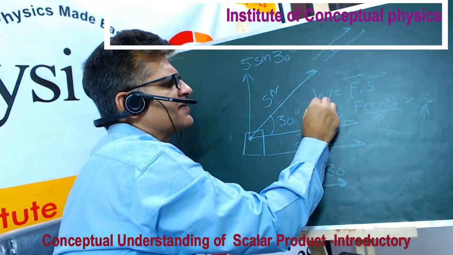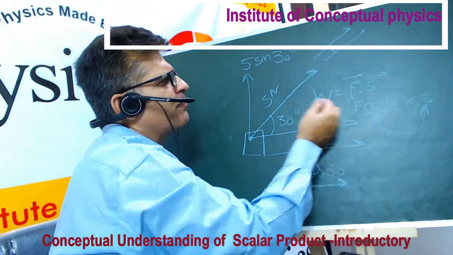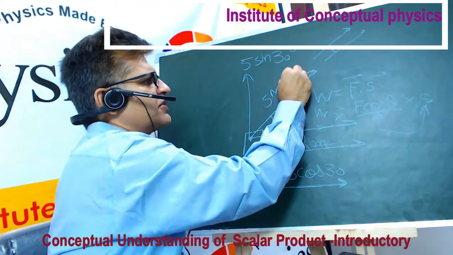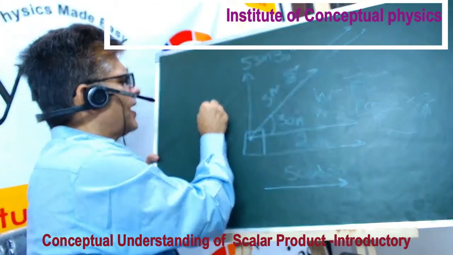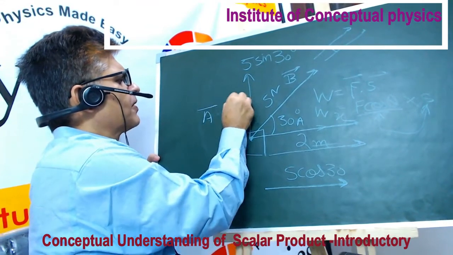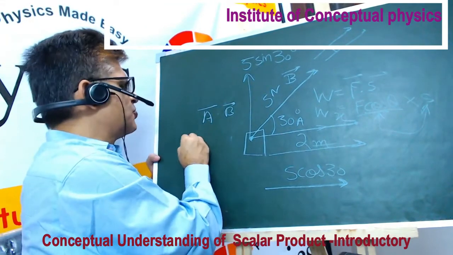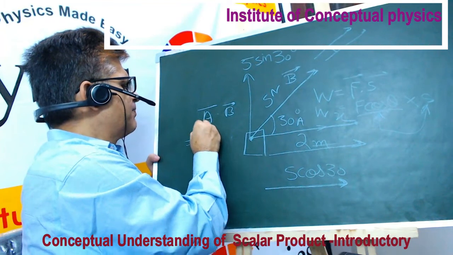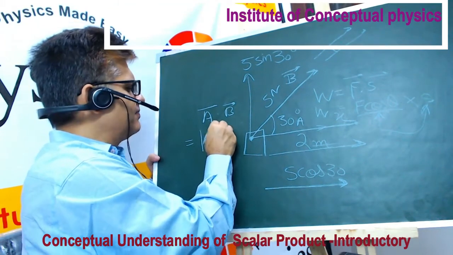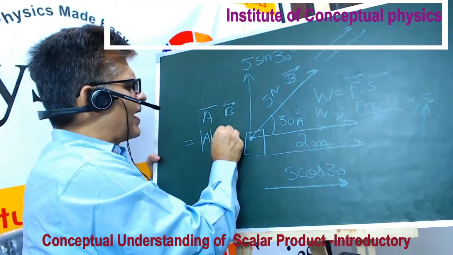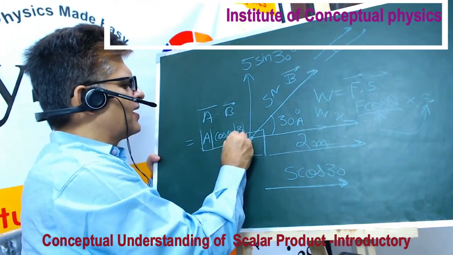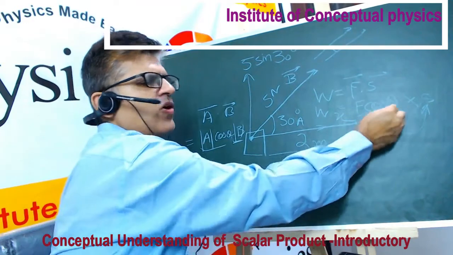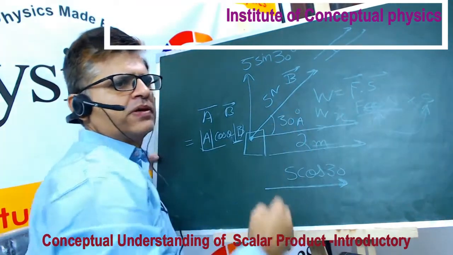What matters in physics is the component of the second vector, which is B, for example, and this is A. So if you're doing A dot B, what you're actually doing is multiplying the component of A which is parallel to B with B. So A cos theta is parallel to B, like F cos theta is parallel to displacement.